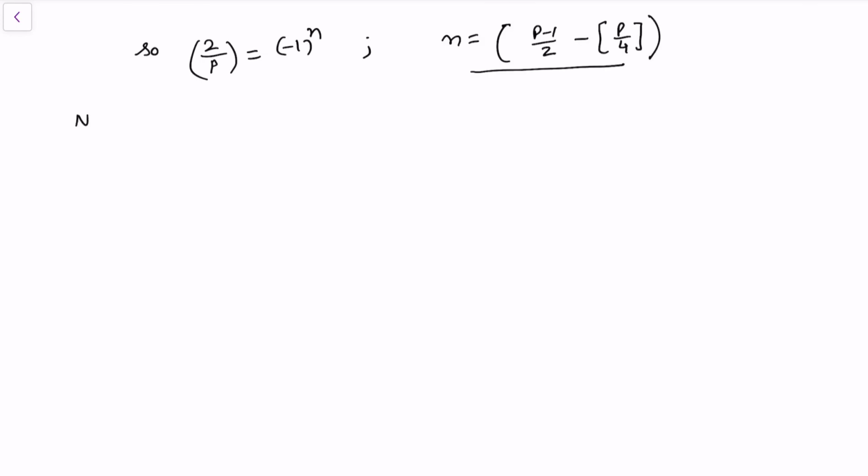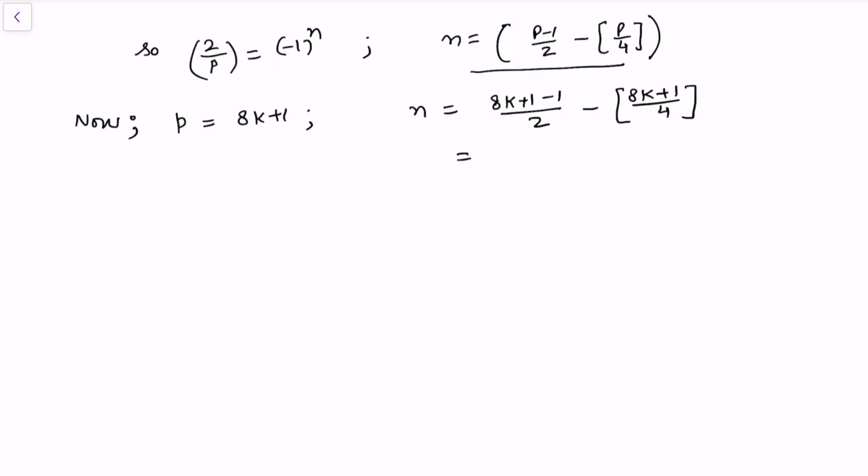Now let's consider all the four possibilities that we have stated in the theorem. First, the possibility that the prime is of the form 8k plus 1. In this case, n will become 8k plus 1 minus 1 by 2 minus the greatest integer of 8k plus 1 by 4, which will become 8k plus 2.